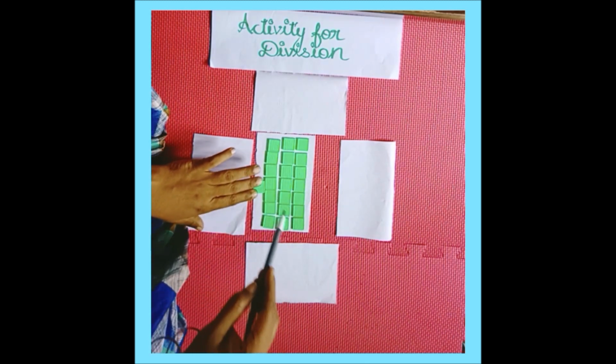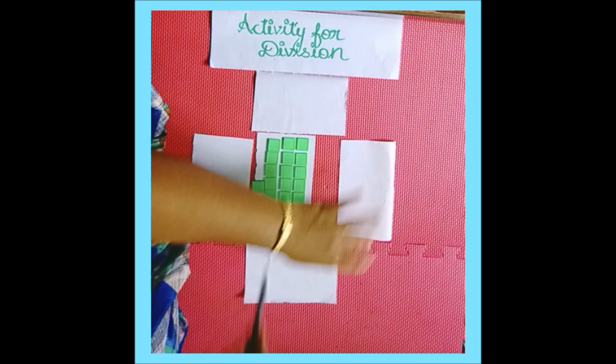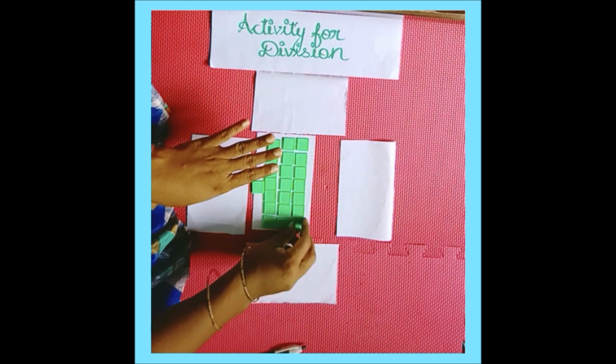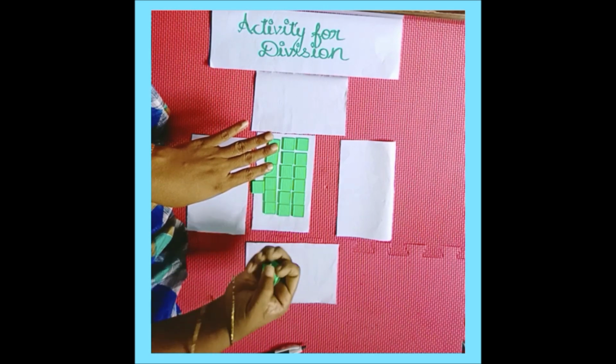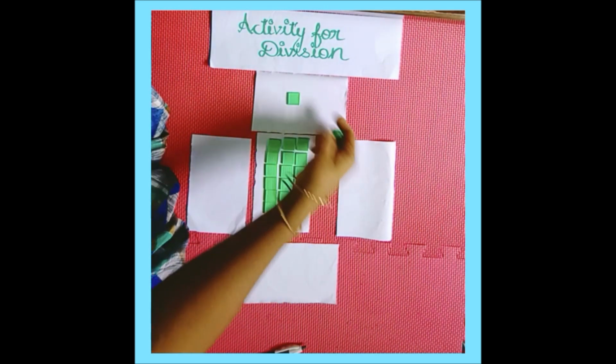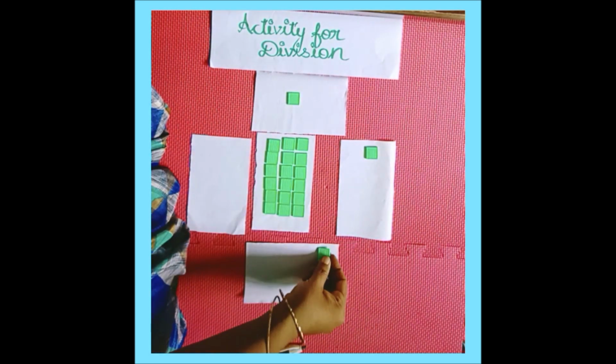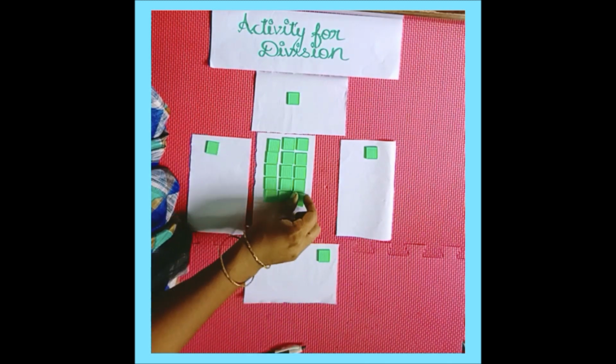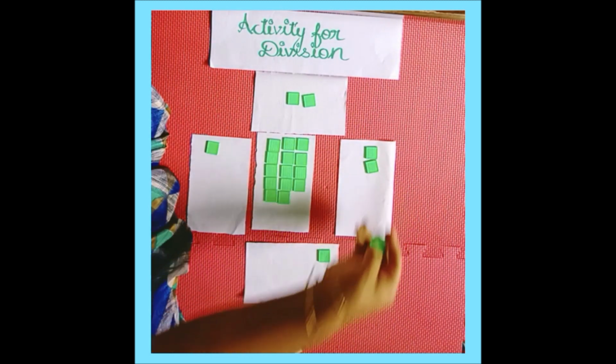We have to distribute these 22 coins into 4 equal parts by taking 4 coins at once. Okay. Why are we taking 4 coins at once? Because our divisor is 4. So you have to take 4 coins at once and give 1 to each part.